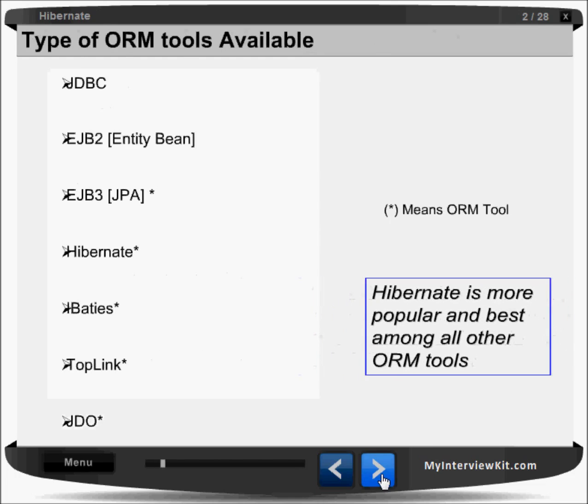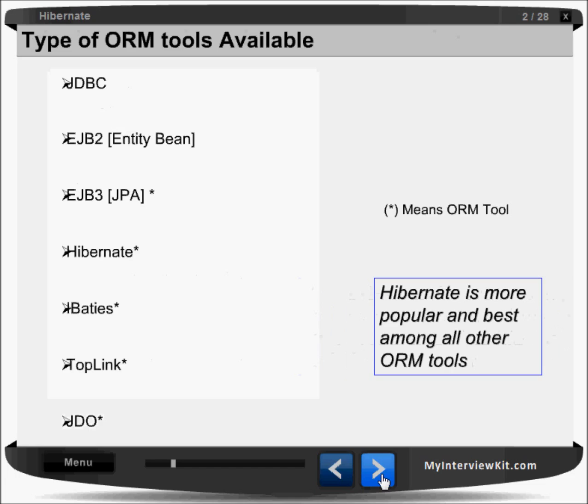Look at this, what are the types of ORM tools available? First we can say it is JDBC, but this is not an ORM tool. JDBC just helps to interact with the database. We can store data and retrieve data from the database through JDBC, right?